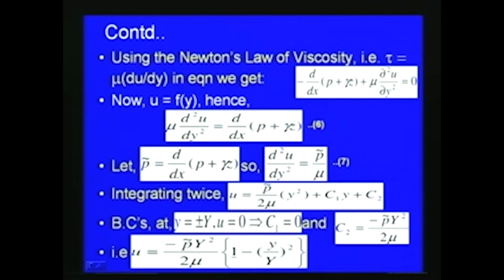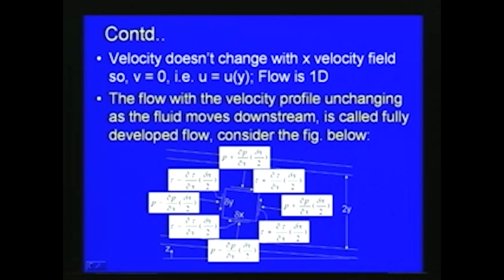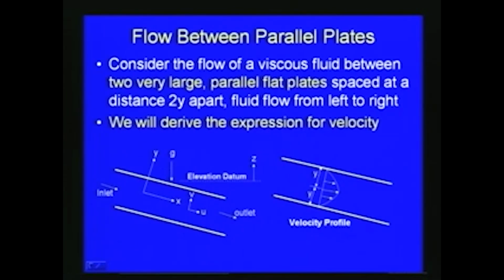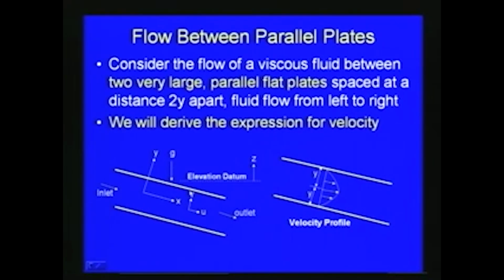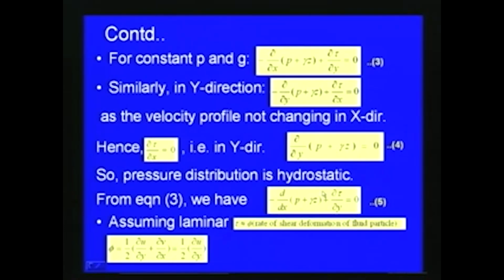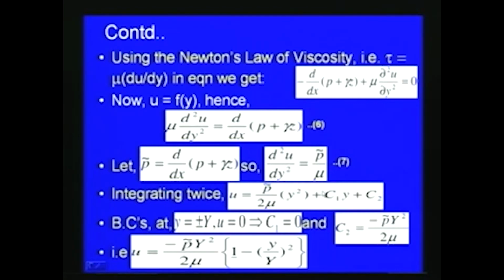Now with respect to this figure we can see that the velocity variation is parabolic, as we have derived. We have applied the boundary conditions and used Newton's law of viscosity to get an expression for this velocity variation. In this particular case we considered the origin on the central line between the plates.